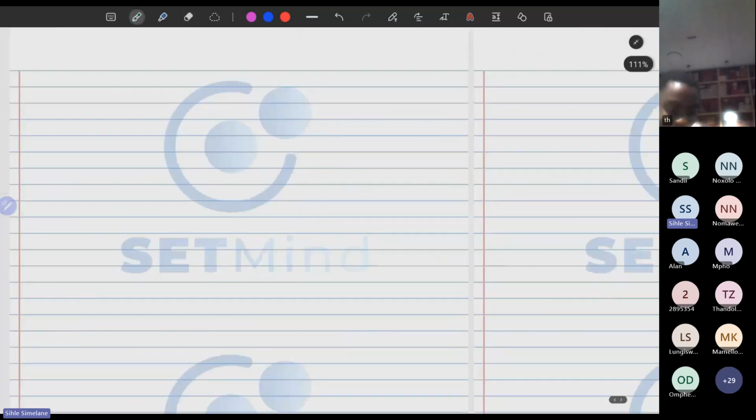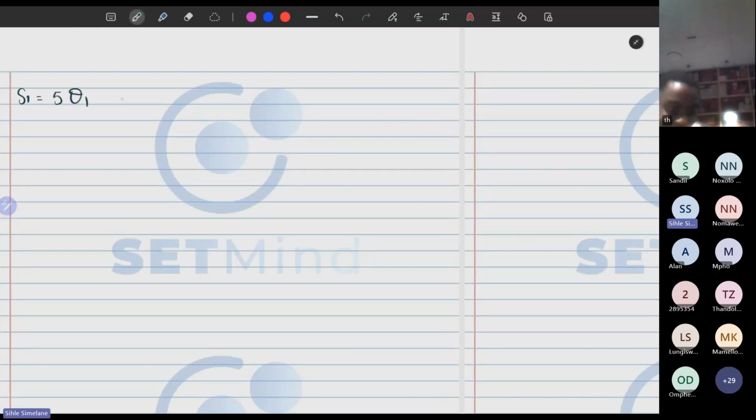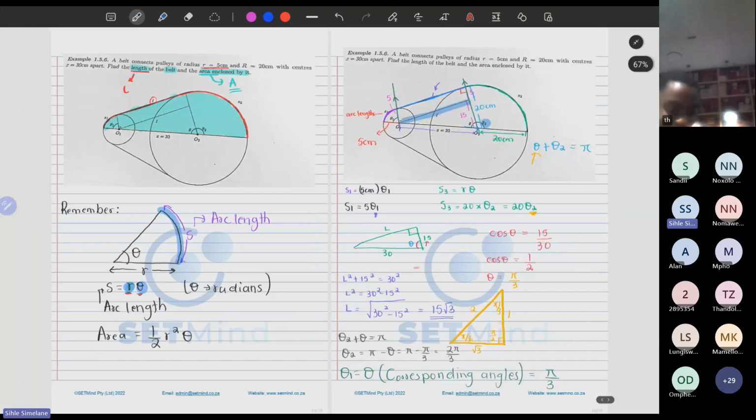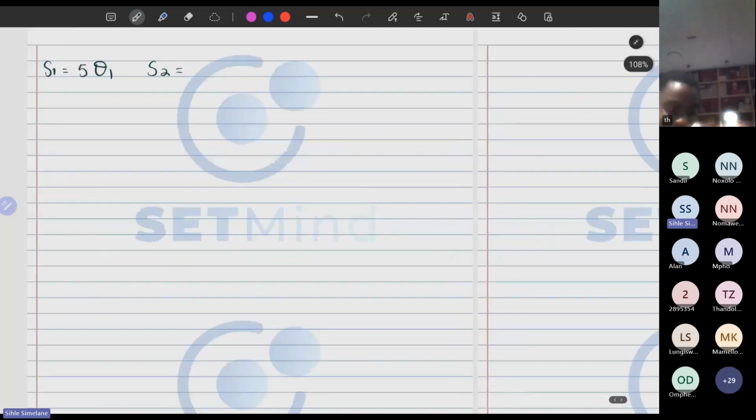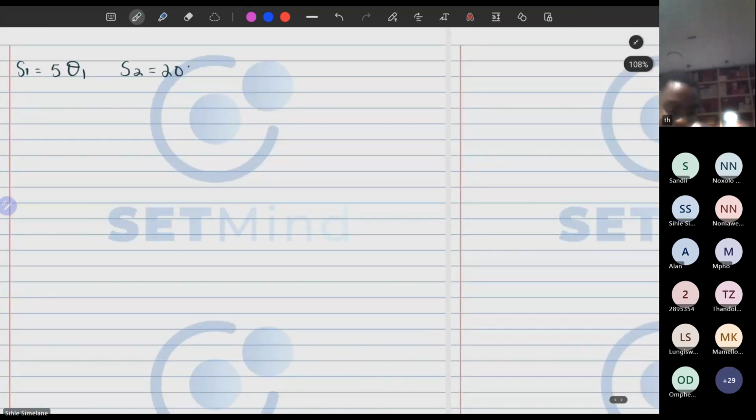If you remember, our S1 was 5 theta 1, our S2 was 20 theta 2, and then our L, we find out to be 15 square root 3. And our theta 1, we just saw now that it is pi over 3. And our theta 2, we saw that it is 2 pi over 3.